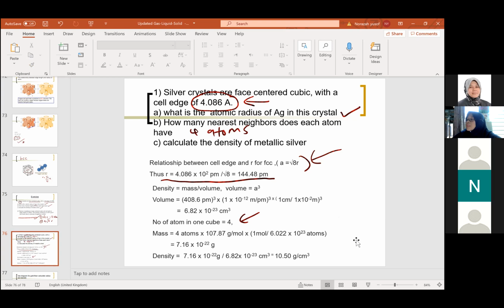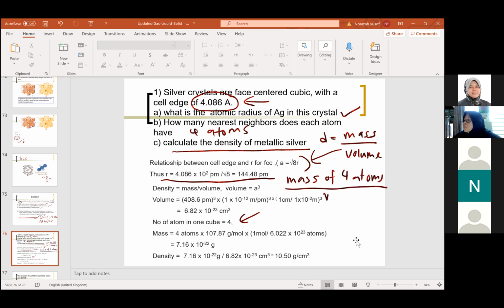Now, calculate the density of metallic silver. Again, this is something that you should know from your previous knowledge. Density D equals mass over volume. This is quite common. So you have to find the mass of 4 atoms, and you also have to know the volume.